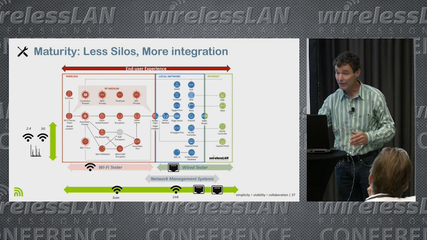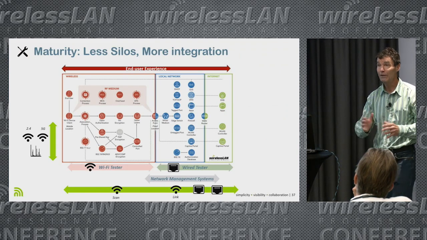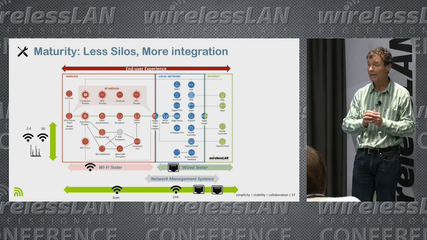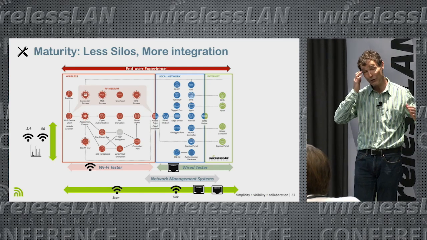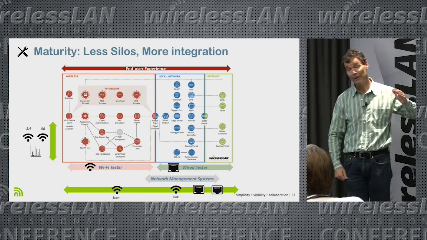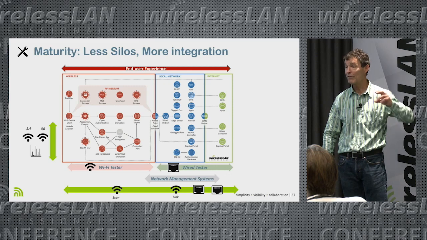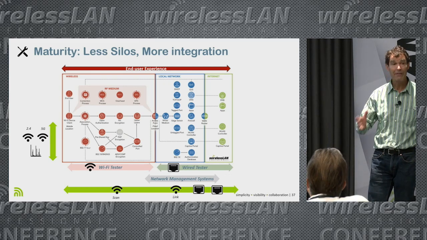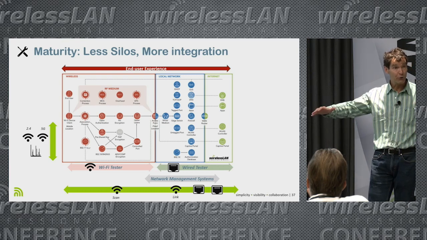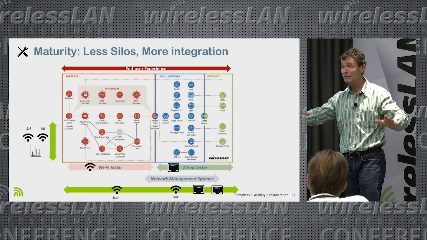So as I think about this maturity thing, not only is it in this community and Wi-Fi in general, but if you look at a lot of the maturity models, as you go up, the more mature you are, and moving above ad hoc, it typically means kicking over silos and having more integration, having a broader view of the entire system, which is exactly what's happening here, right?